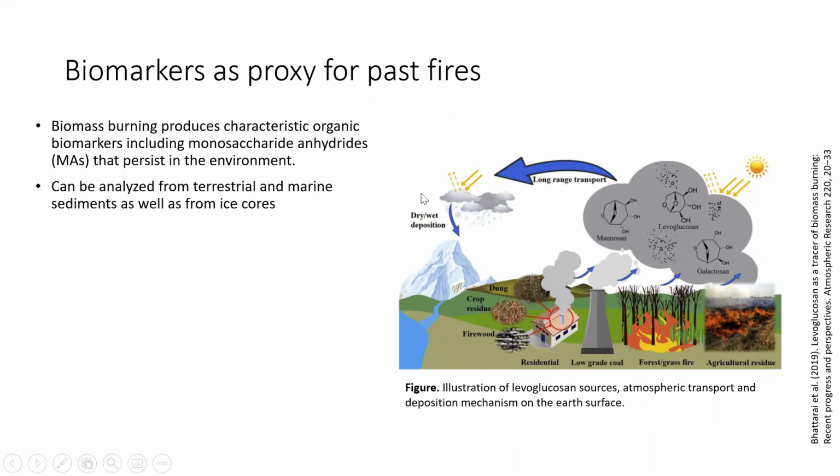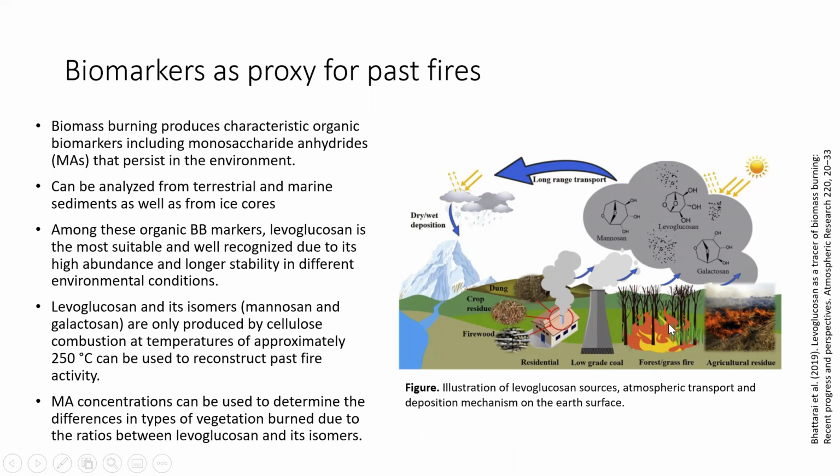And then those can be used to reconstruct past fire events, and different kinds of plants and temperatures produce a different kind of print of the biomarkers in the charcoal, in the sediment, and can be used to detect what has been burned and so on.